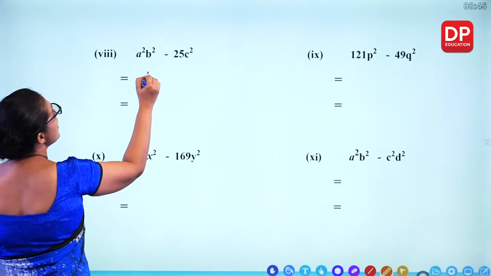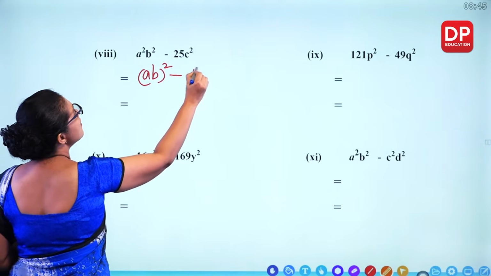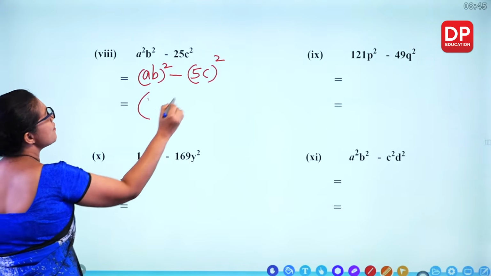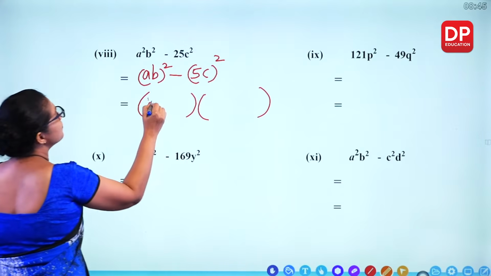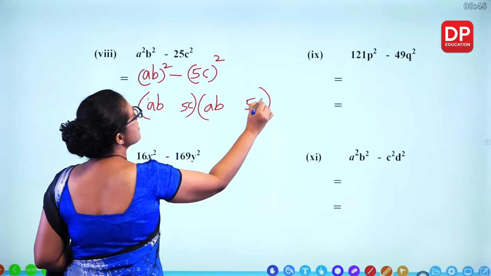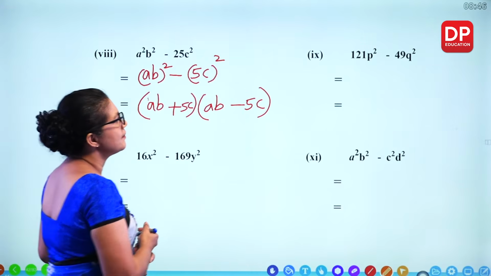A squared, b squared, I can write ab whole thing squared. 25, 5c squared. So when you take the difference, AB first and 5C next. One is positive, one is negative.